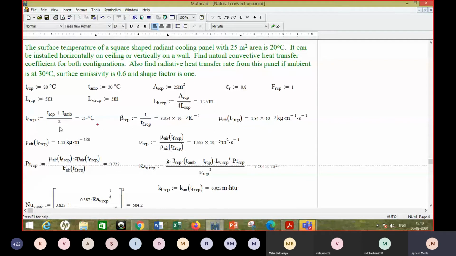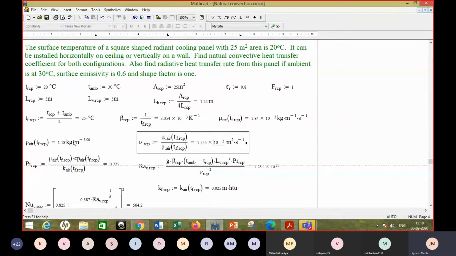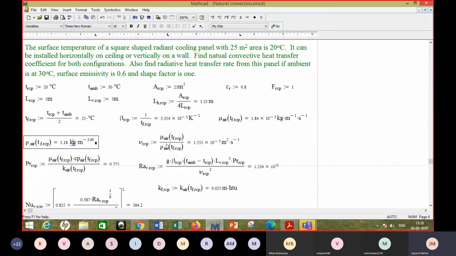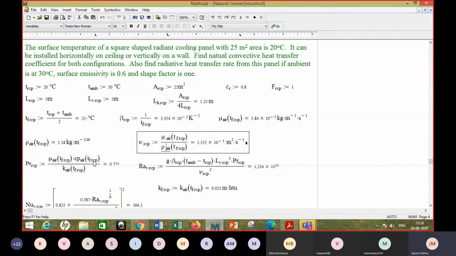Now air properties may be found at the average mean film temperature, so it's the average of 20 and 30, which is 25. Beta is 1 upon T, the absolute temperature, like 273.15 plus 25, inverse of that. So that should be 3.354 into 10 to the minus 3. Then the dynamic viscosity, density, and kinematic viscosity are found. The Prandtl number, mu Cp by K, again comes out very close to 0.7.